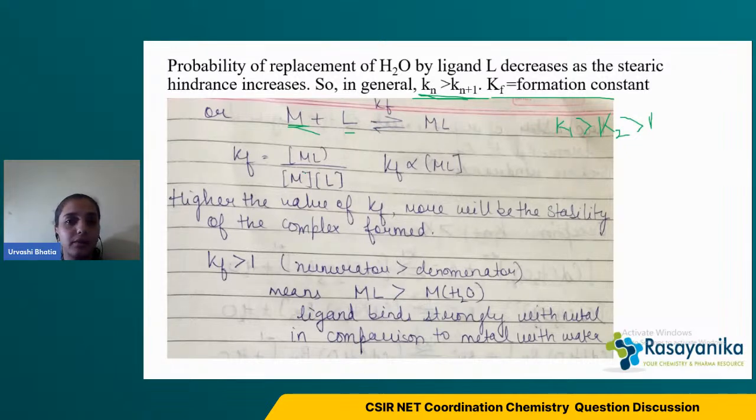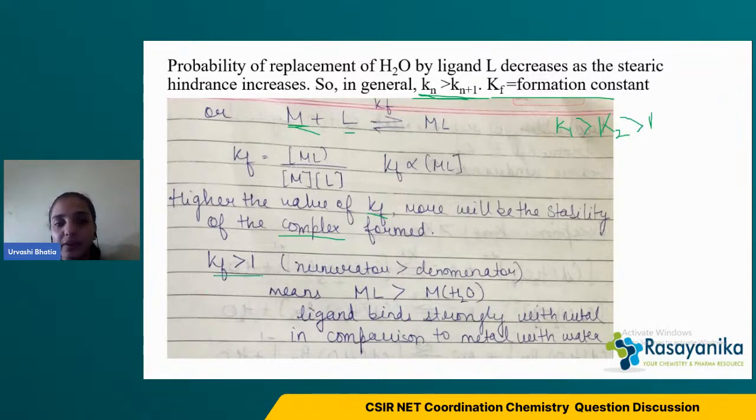Now, I'll skip that. Okay, Kf. So this is a formation constant, ML by M into L. Higher the value of formation constant, more will be the stability of the complex bond.